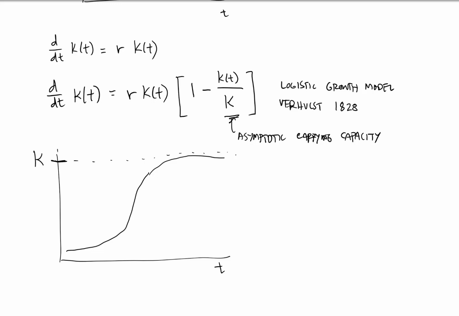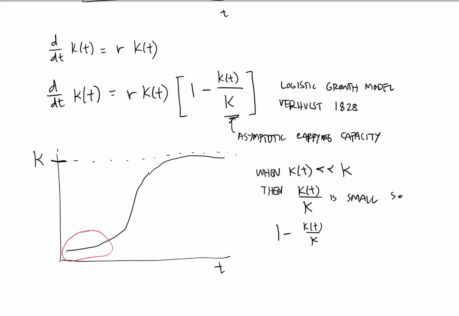You can see that when k of t is much less than K, like down in here, then k of t divided by K is small, so 1 minus k of t over K is close to 1.